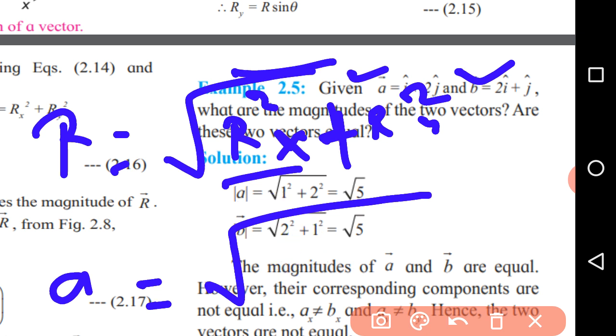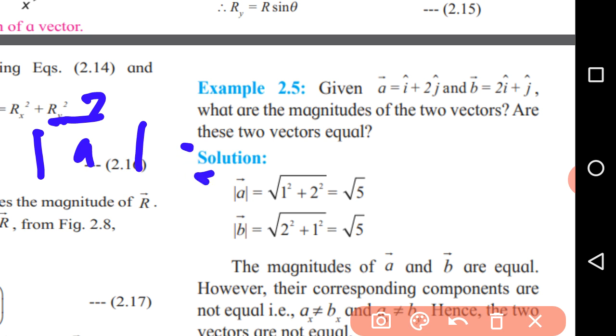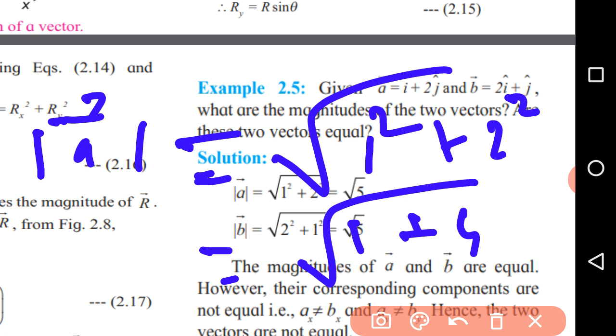The component of i cap is 1 and of j cap is 2. So the magnitude of vector A is equal to root of 1 square plus 2 square, which is 1 plus 4, equal to root 5.